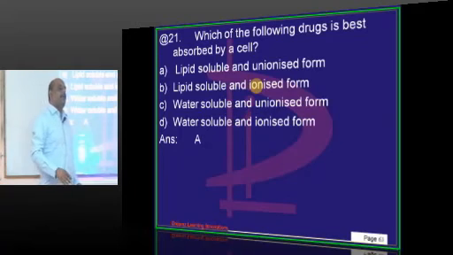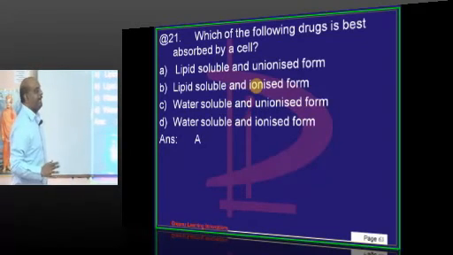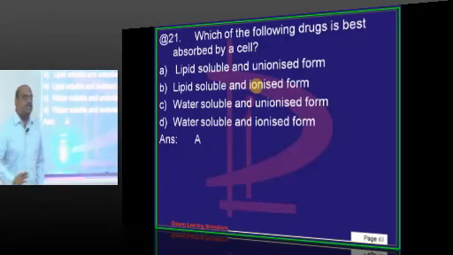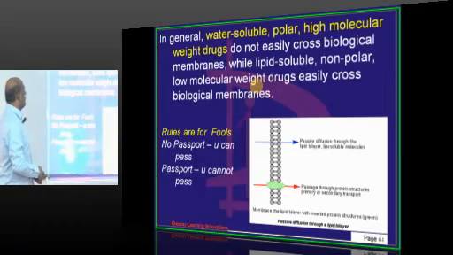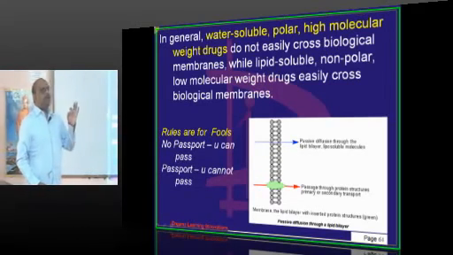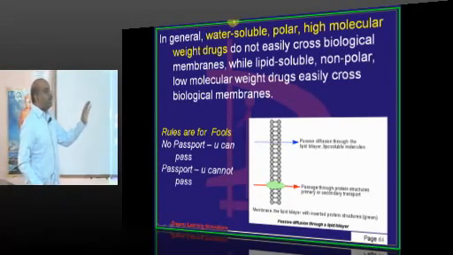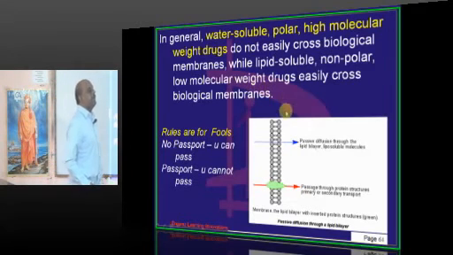A favorite question of the examiner is, what factors are going to decide this diffusion of the drug across the membranes? It is a very important question to be understood. The general rule is, any drug which is water soluble, which is polar, which has a high molecular weight, cannot easily cross the membrane.